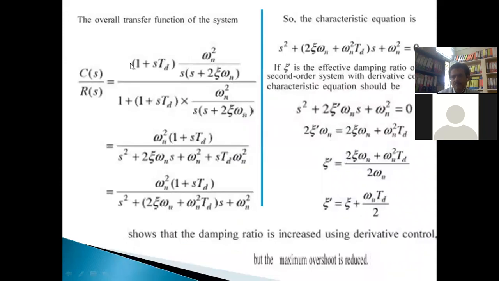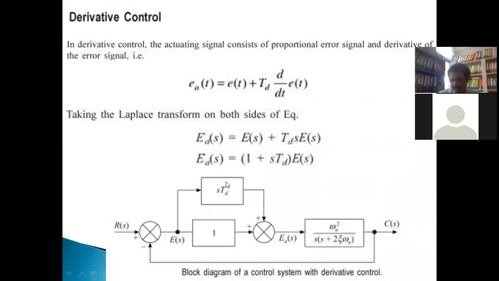Now the overall transfer function of the derivative system. What is the effect of this derivative control that we have to observe? Previously, without this derivative controller, we had a second order system whose response is a damped oscillatory response. We have already found the steady state error value and everything.